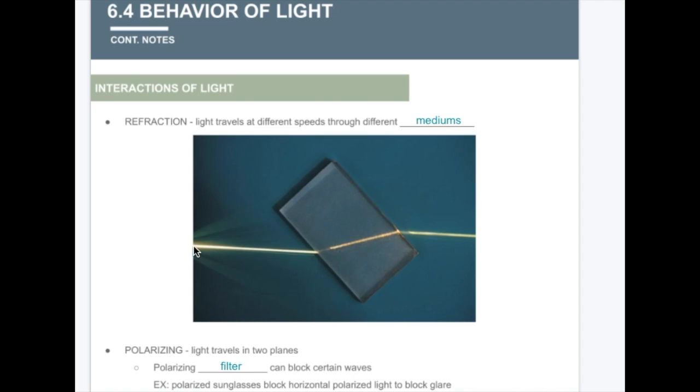Okay, same thing here with this image. We have the light traveling through the air. It's basically a laser being shot forward, and then as it hits this block, this prism, we'll just say it's made of plastic, it's going to slow down and cause the direction of the laser to bend.